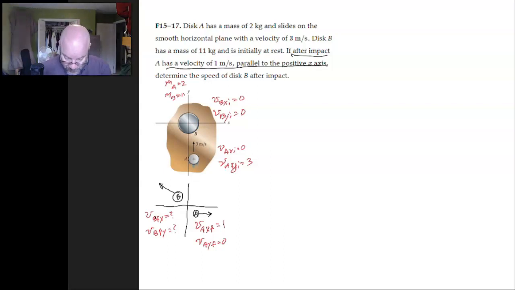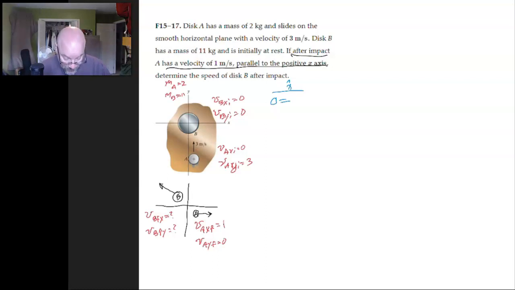So if we go with our X directions here, initially my AX is 0 and my BX component is 0. So I've got 0, so this thing's kind of like an explosion in terms of what's happening horizontally. Now that's initial.